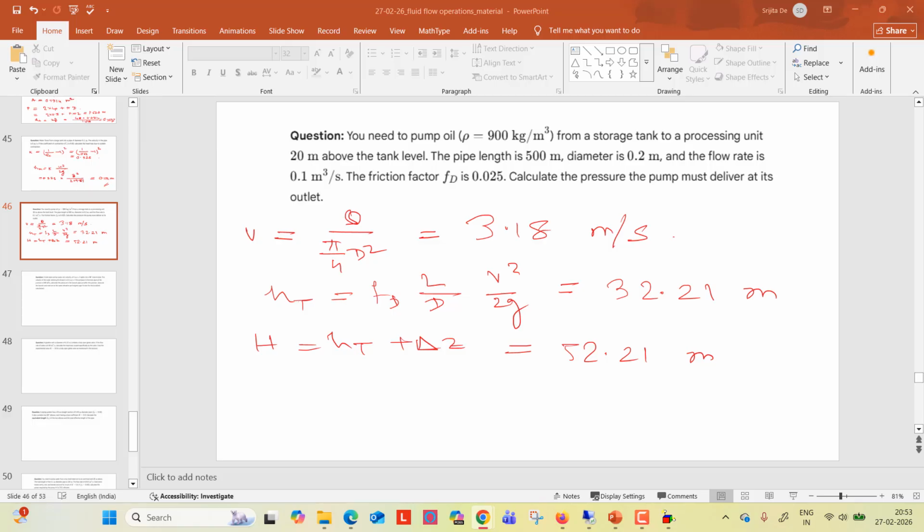The pressure then will be delta P equals rho G into capital H. So oil density is 900 into 9.81 into 52.21.